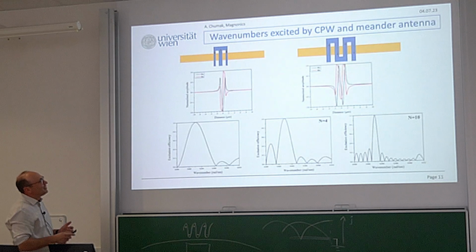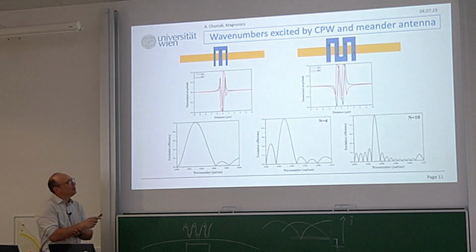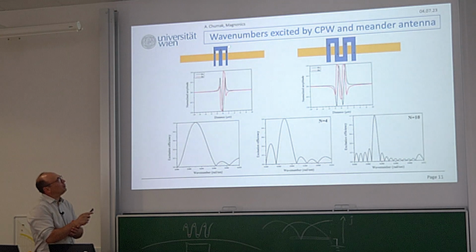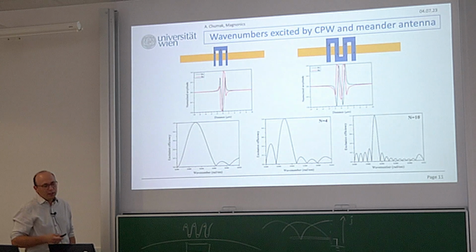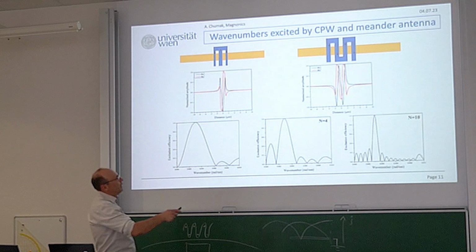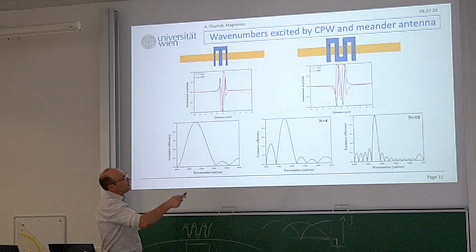Good. Yeah, so here is just a continuation of the same story. This is a coplanar waveguide. Again, one current flows here, two others here. It's like that. Similar to the U-shape, maybe this peak is a bit narrower. And there is also the meander type antenna. Meander, when it goes like this.